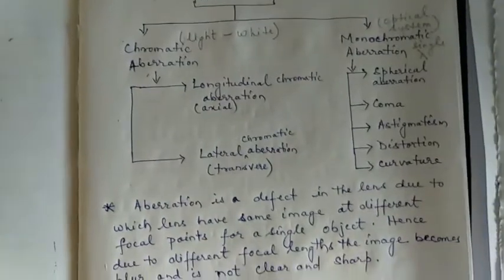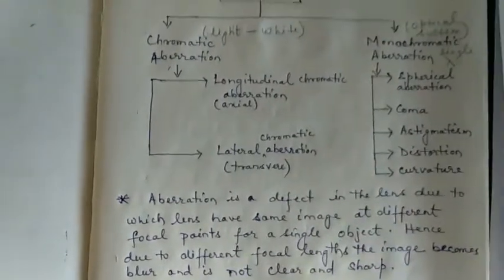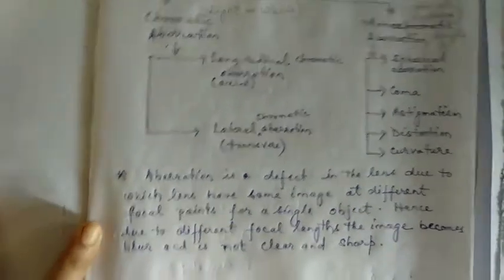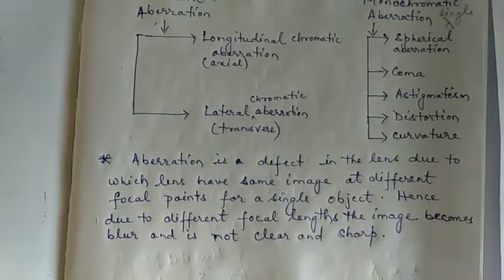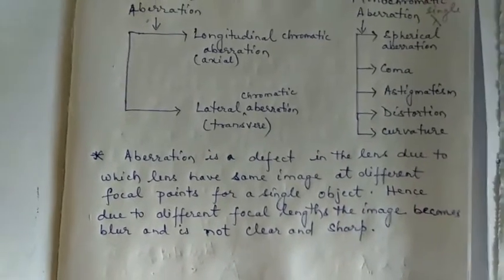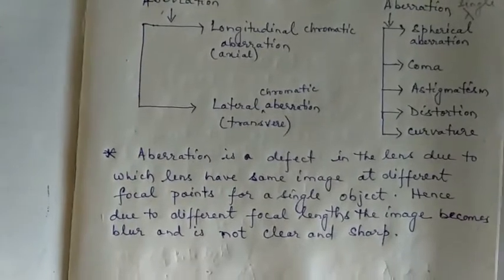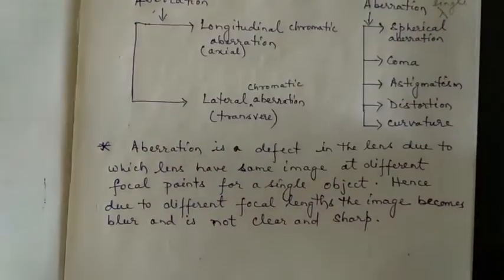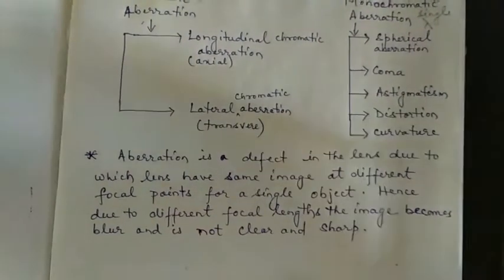Now, what is an ideal optical system? Let us study that again, then we will continue with aberration. An ideal optical system is a system in which all the rays coming from the object focus at a single point. The image is obtained at a single point.